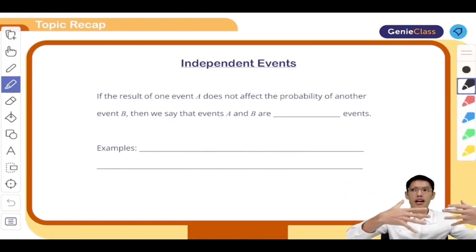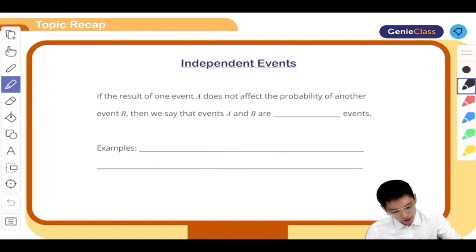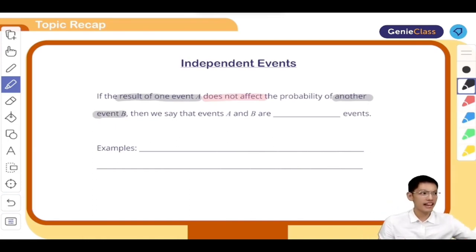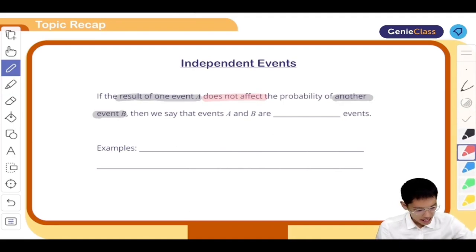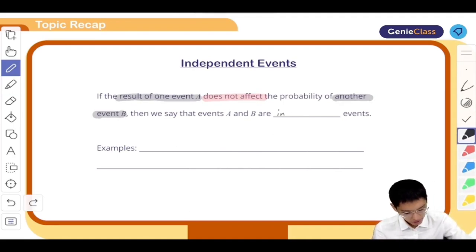That means if one of the events happens, it does not affect the result of another event. Then we say events A and B are independent. They should not affect each other.